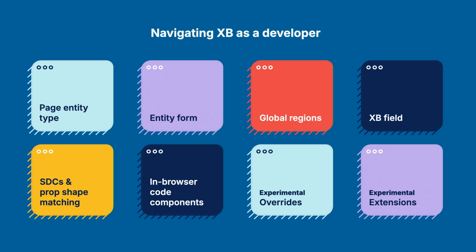So this is actually on our radar. It's coming up next on our roadmap to make sure that when you break them, they will break gracefully and they will not break JavaScript on the entire page. We need to make sure that if a component breaks, it's an isolated problem and it doesn't break the entire page. We still need to make that work for SDCs as well, not only code components.